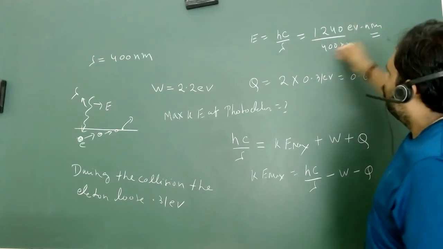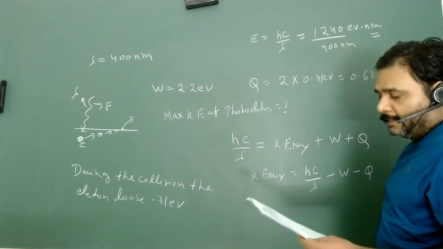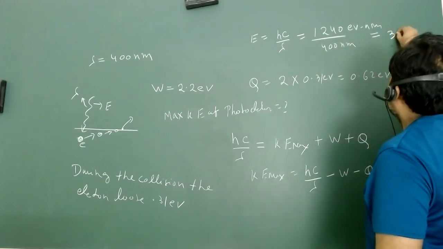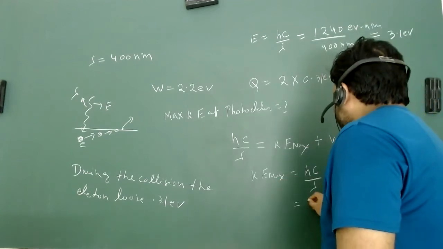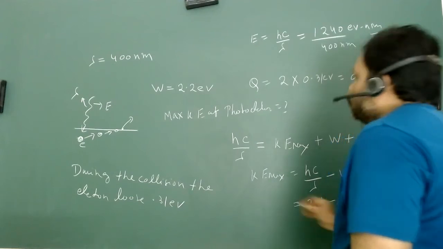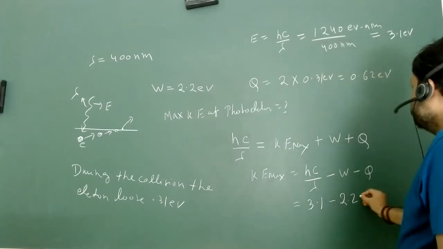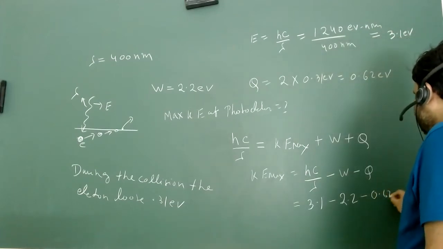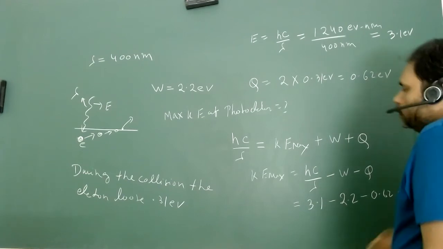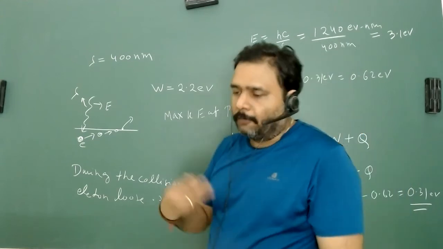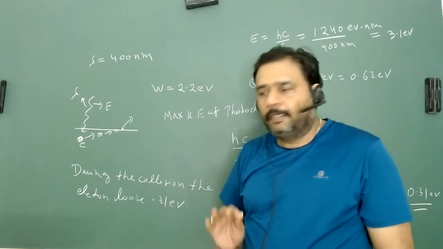When we solve this, we get the value 3.1 electron volt. So now we can put it here: 3.1 electron volt minus work function 2.2, and Q equal to 0.62, and the outgoing energy is 0.31 electron volt. So the energy of this particular electron is about 0.31 electron volt.